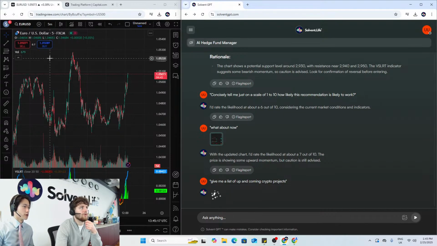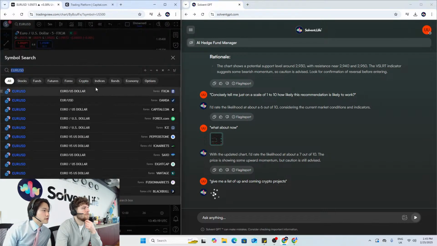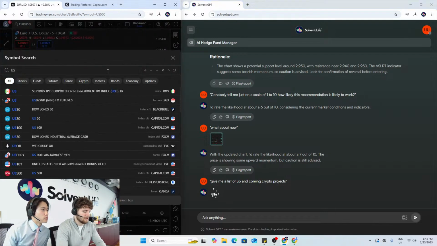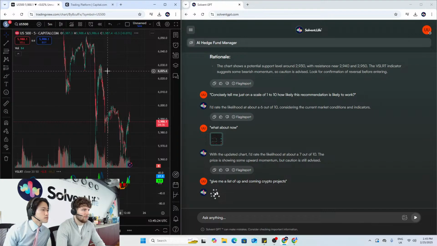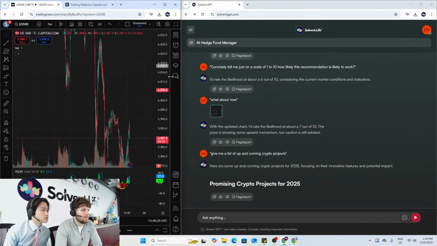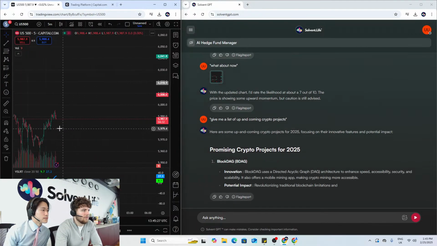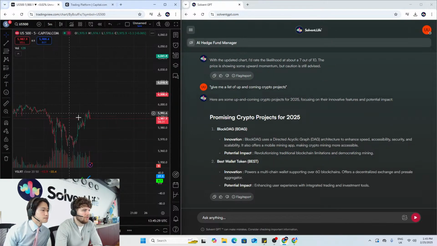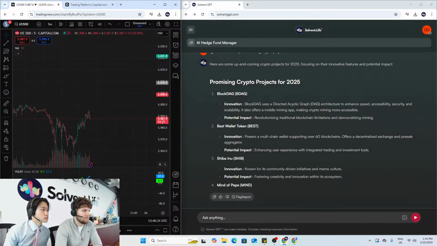What's going on with euro to dollar here? Yeah. Let's go to US 500, see how that's going. Wow. Of course, we shorted the US 500.